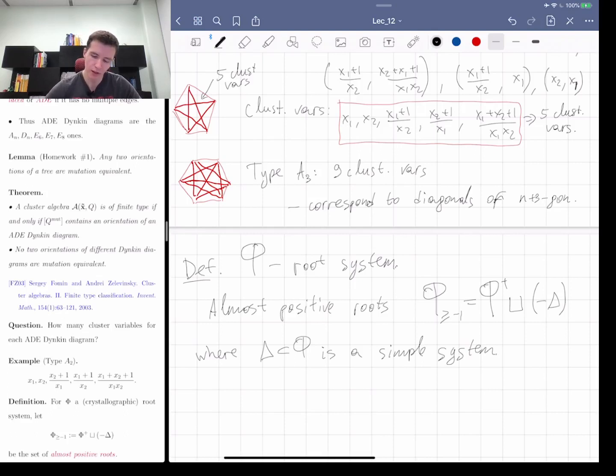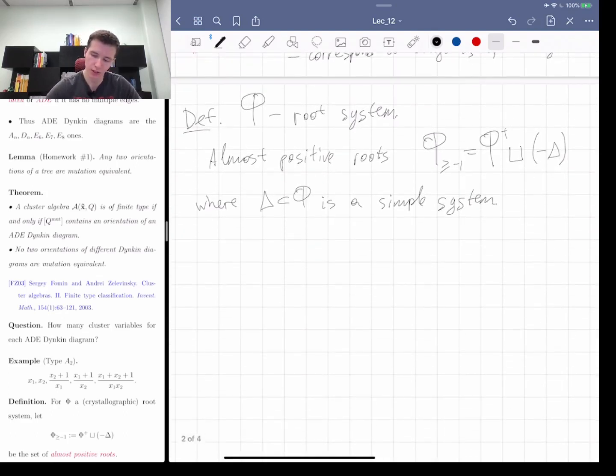So you take all positive roots together with these negative simple roots. For example, if you consider type A2, then the roots look like this.